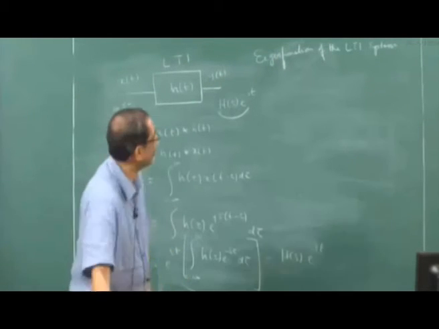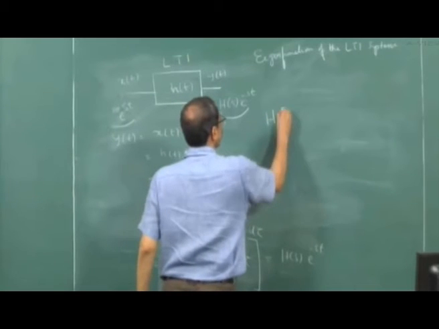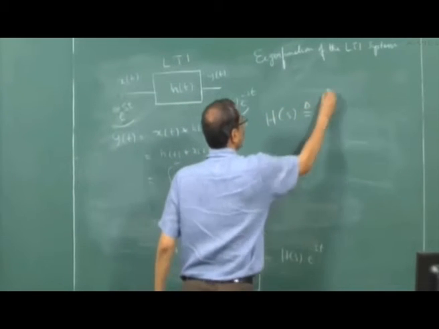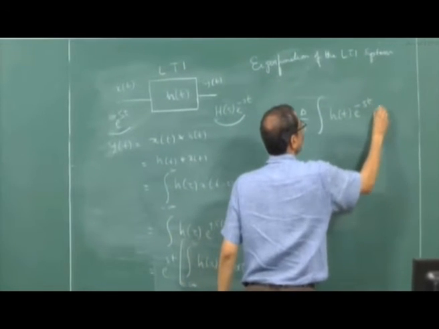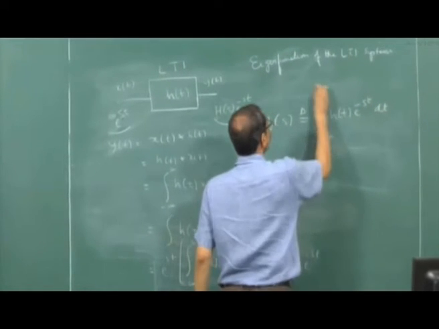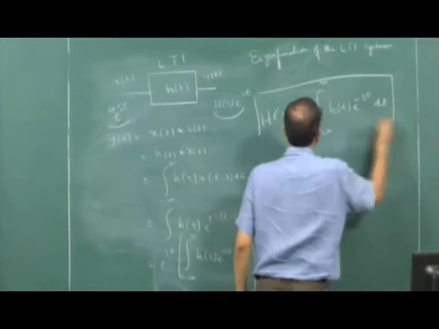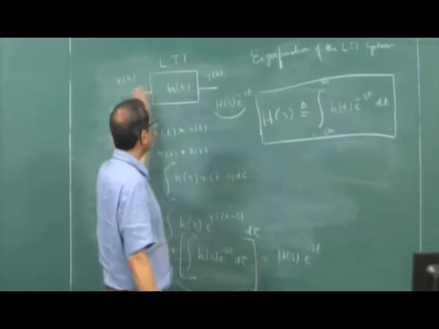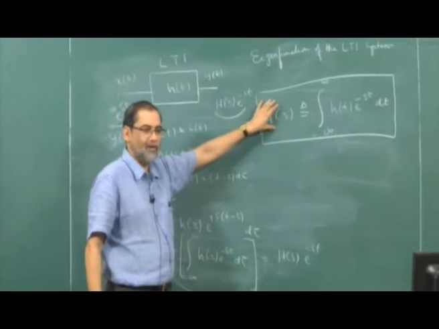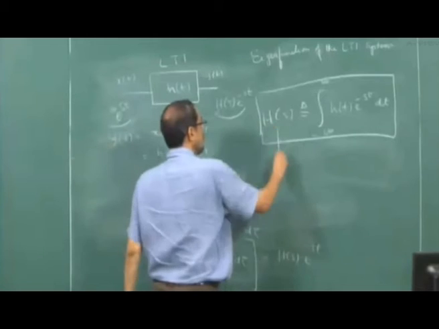So let me write that here. H of s is defined as the integral of h of t e raised to minus st dt, from minus to plus infinity. This is the definition, and because it transfers an input to the output, it is called a transfer function. H of s is called a transfer function.